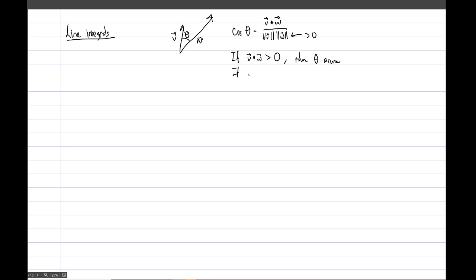If v dotted with w is less than 0, then theta is obtuse. So, for instance, right there, because that angle is small, without even knowing much about the vectors v and w, just based on how they're drawn, we can say that the dot product is a positive number.